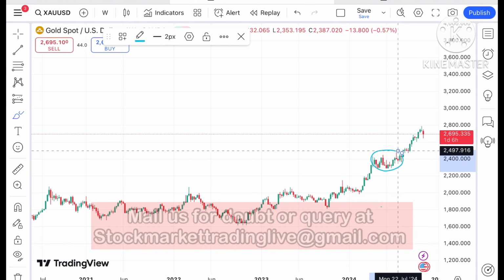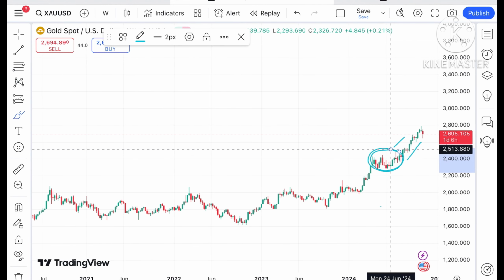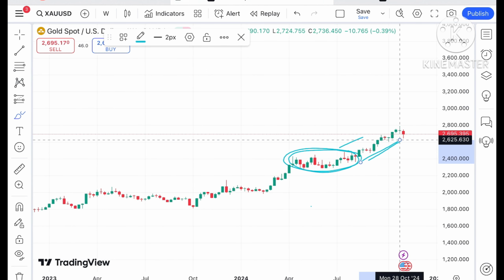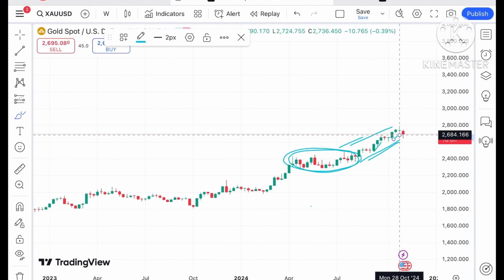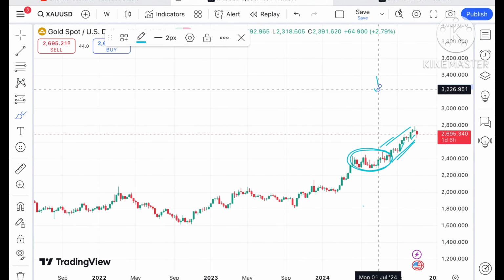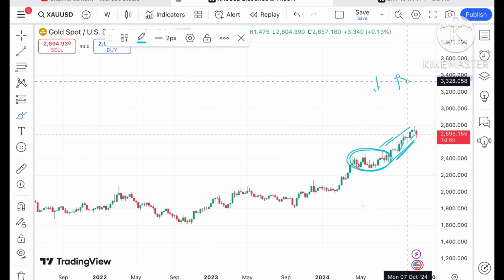When the range-bound price moves out of this zone, we have seen a continuous upside. Looking at this chart, we have seen continuous higher highs, because the dollar index started going down at this level, but whenever it started going up, we saw the gold price was also moving higher.